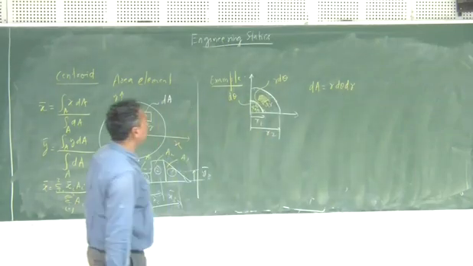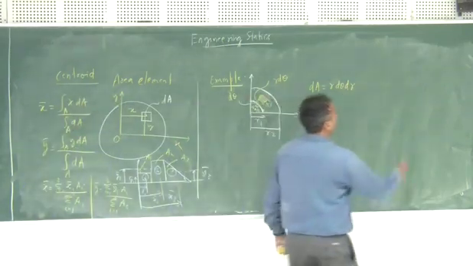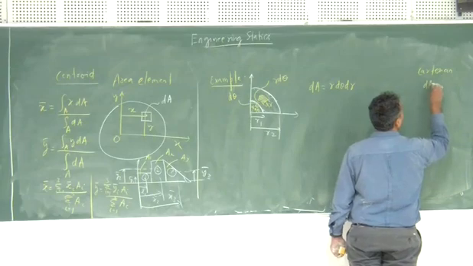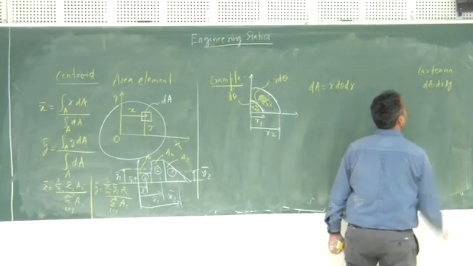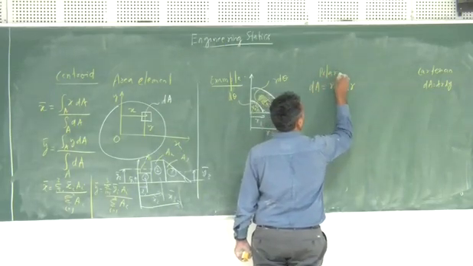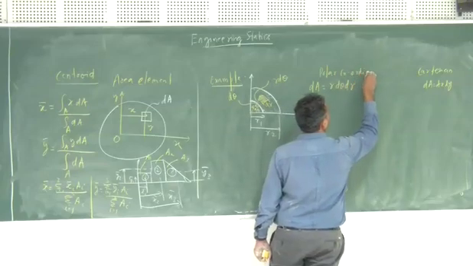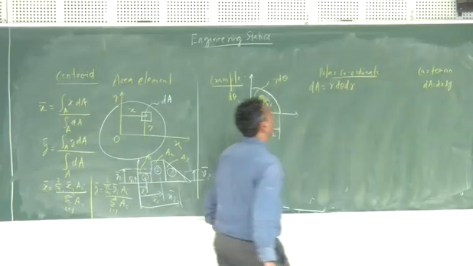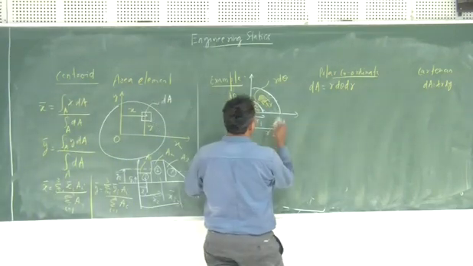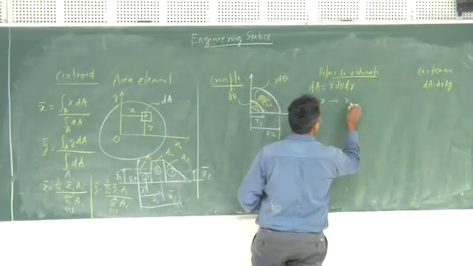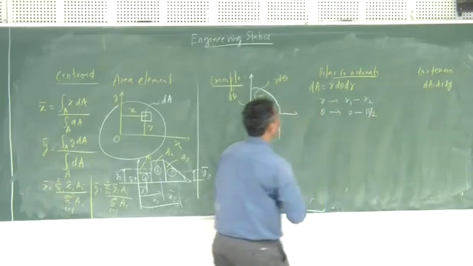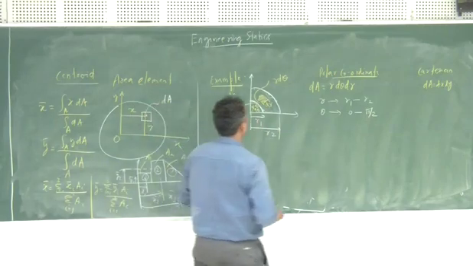Okay. We are taking it in terms of Cartesian coordinates, dA will be dx dy. And here your r is varying from r1 to r2. So you have to find out x bar.